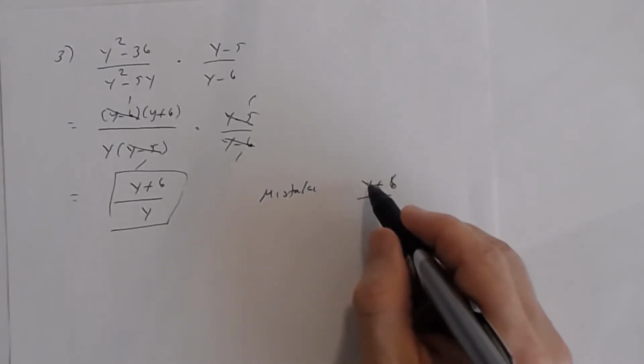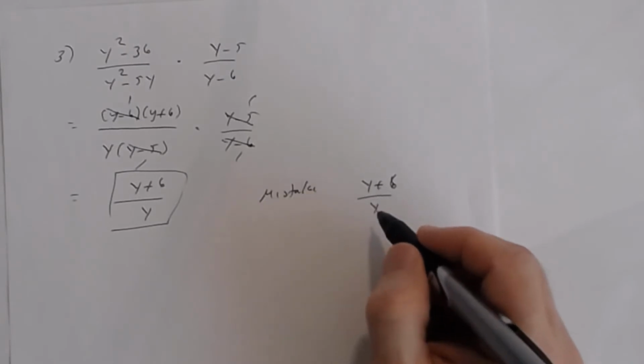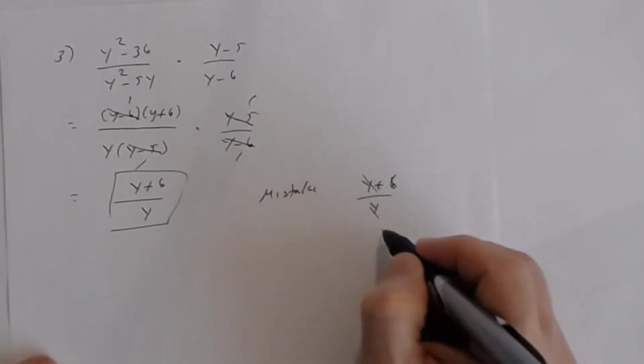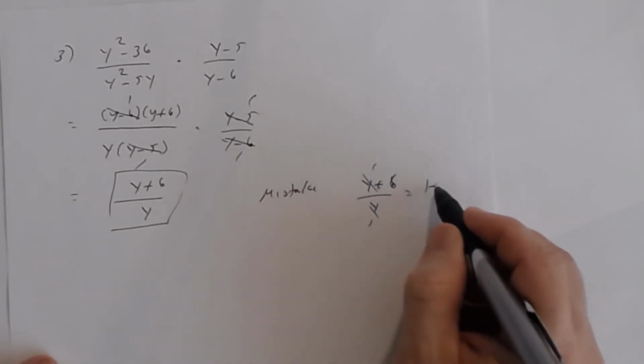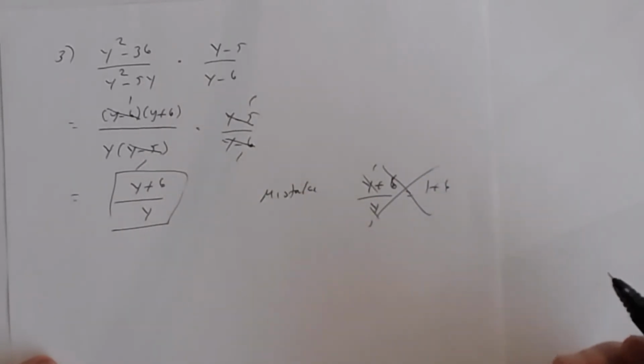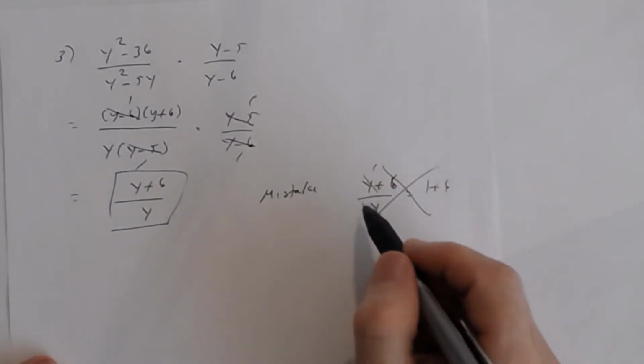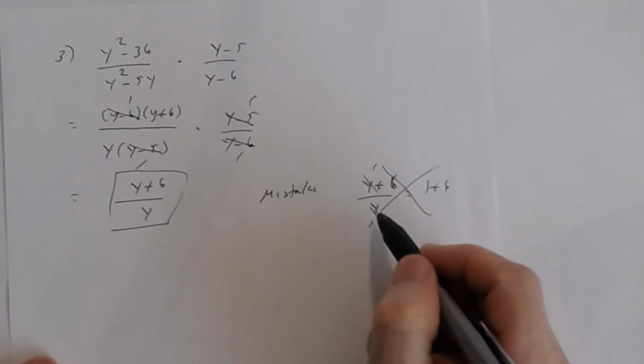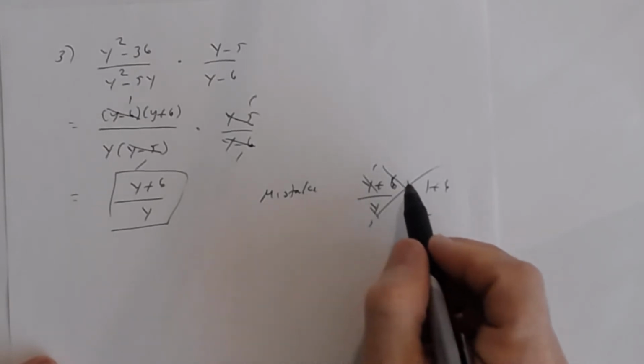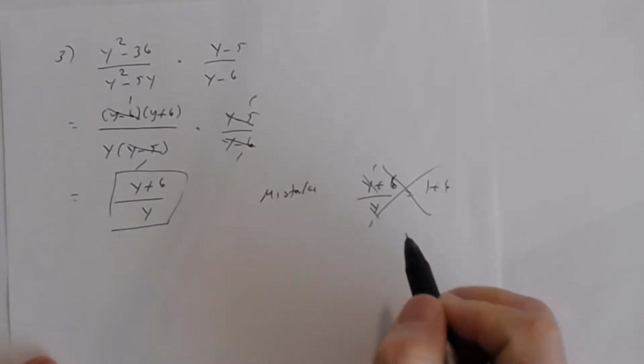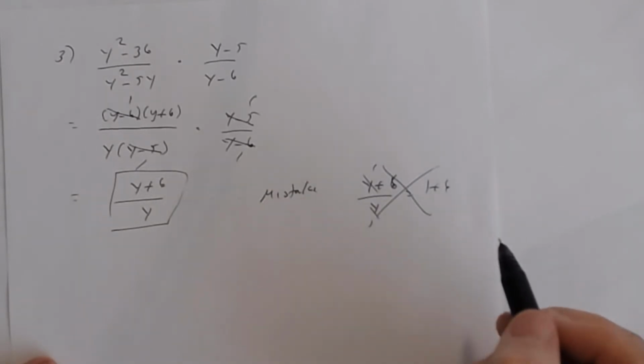So that's not a factor here. This is a term that's part of a factor. So don't do something like this and say the answer is 1 plus 6. All right, so that's not correct. Those are not factors. This is a factor in the denominator. Your factor in the numerator is y plus 6. Not y, but y plus 6. That's considered your factor.